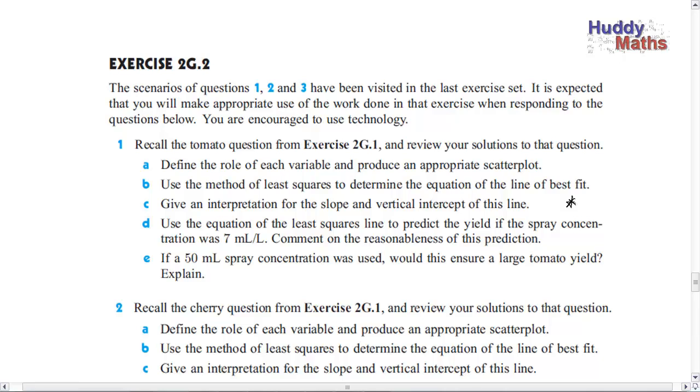And the vertical intercept, when m is 0, what's the length? What does that mean? Okay, and then do some predictions and comment on these predictions. Okay, pause the presentation, have a go. You've done part of this back in the last presentation in 2G1 from Hayes and Harris. So now check it and go on using your model.